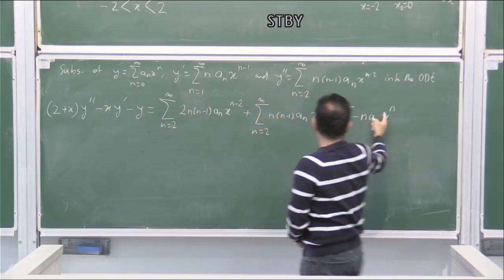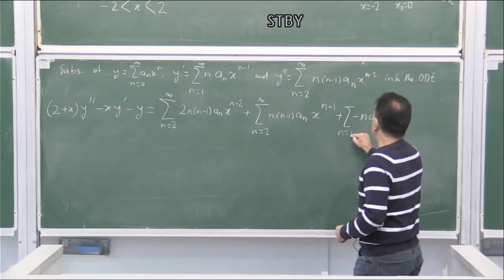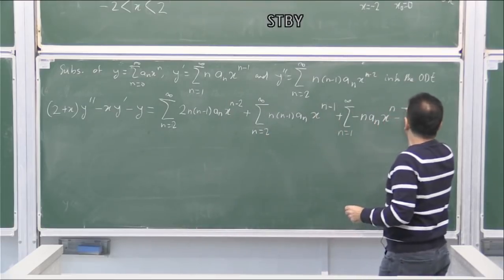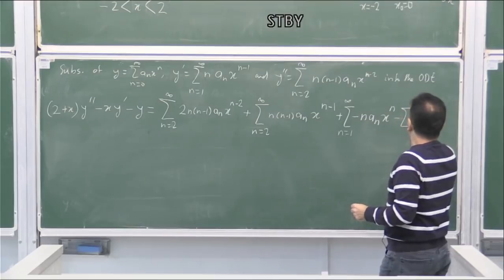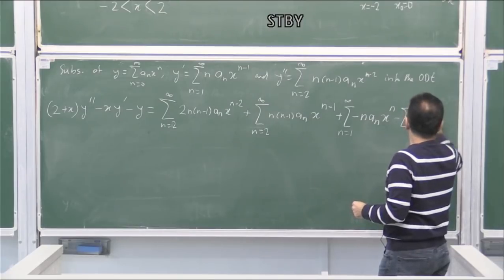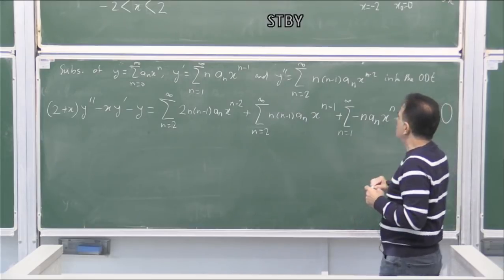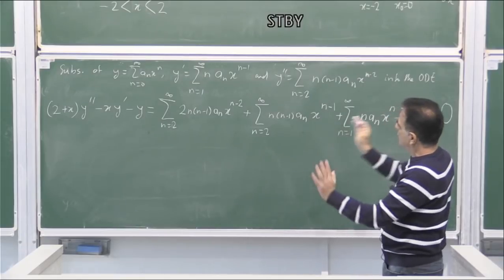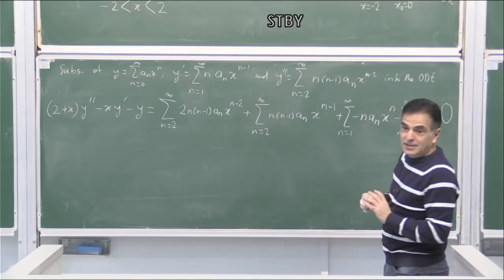So we get this from 1 to infinity. And finally minus y. So minus an x to power n from 0 to infinity must be 0. Good. So we have to collect the 4 series.